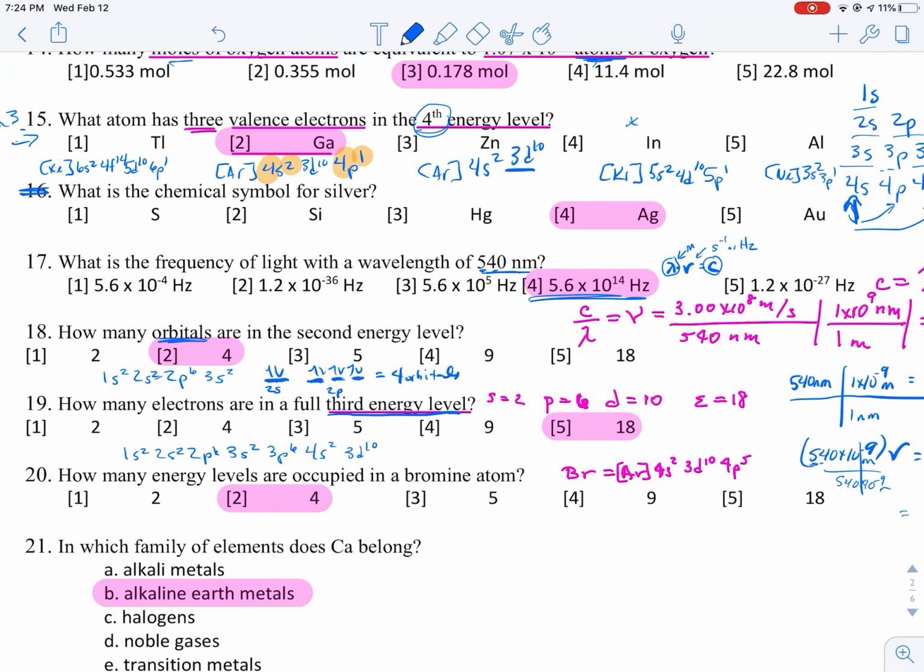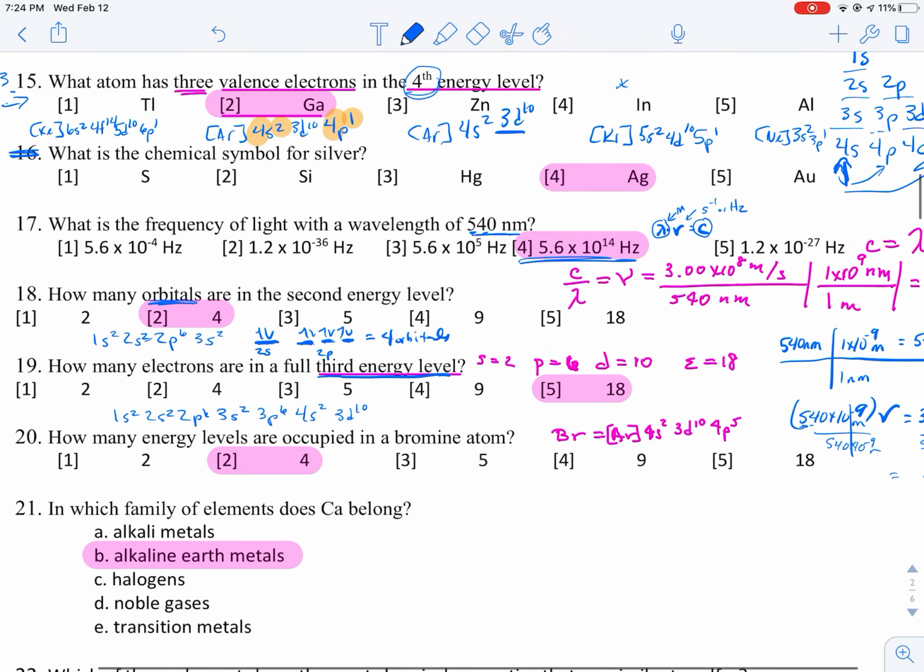That's at cerium, 58. That's the one that starts with the F's. There is no 3F. For example, you can only have a 1S. And you can have a 2S and a 2P. Or you can have a 3S, a 3P, and a 3D. But you don't get to the F's until you get to the 4th level. And everything after that can have an F.